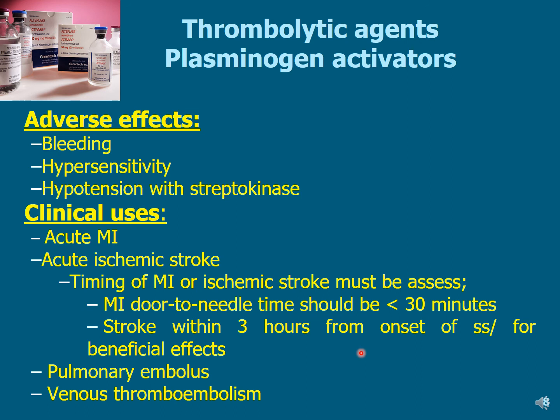And for a stroke, it's within 3 hours from the onset of the symptoms for a beneficial effect. So very short windows to use those medications in order for them to be effective. And then they're also used for the treatment of pulmonary embolism and venous thromboembolism.